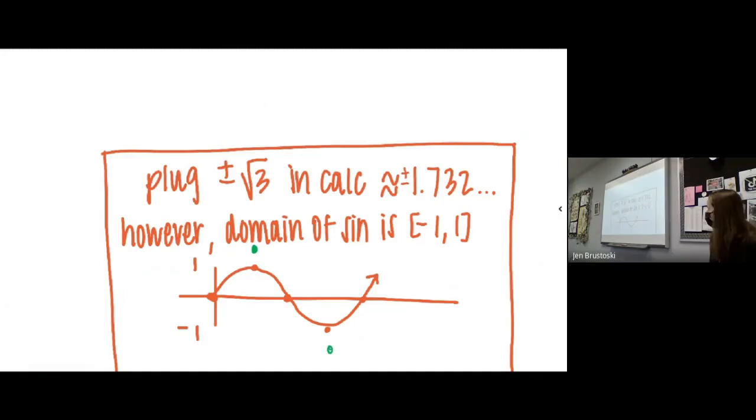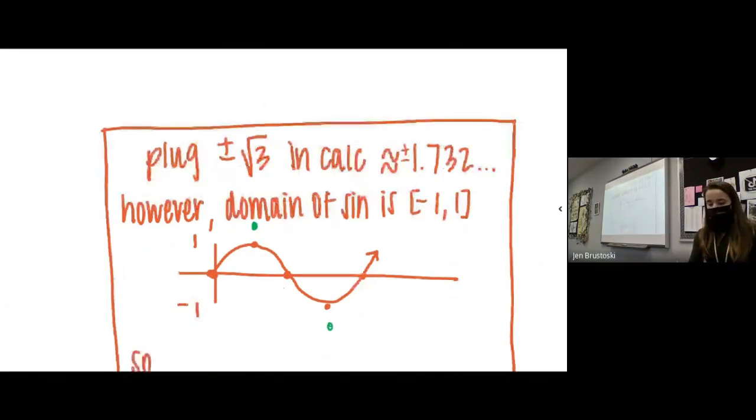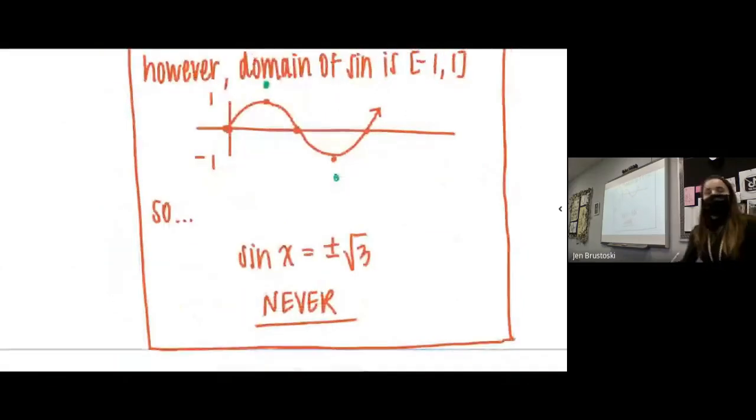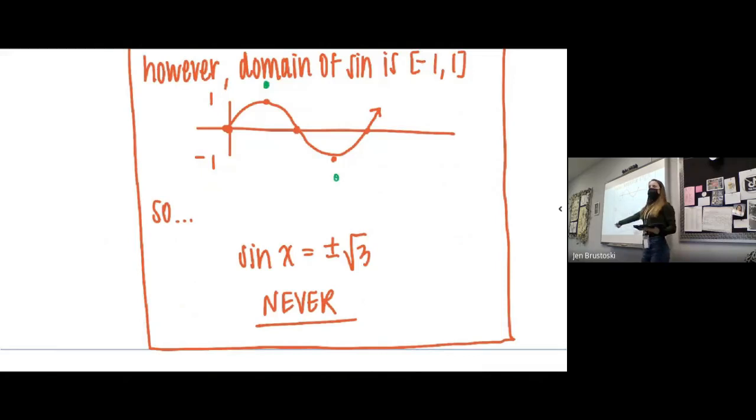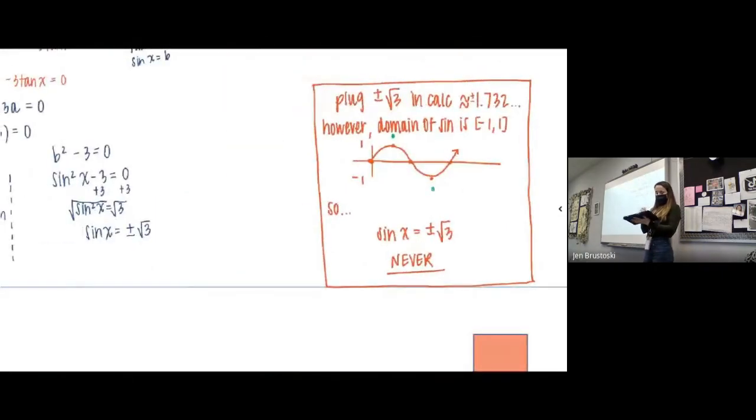Now that stuff in the green is not within the range. So there's no time where sine of x will ever be equal to positive radical 3 or negative radical 3. So this one right here has no solution.